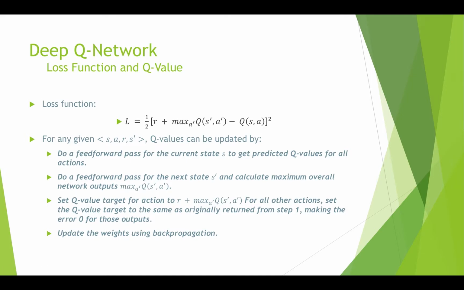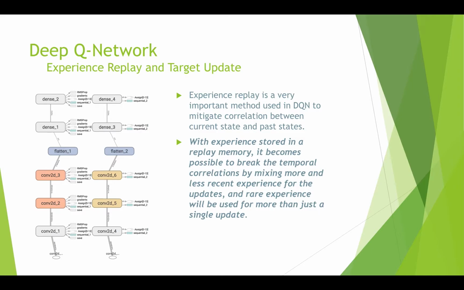There are some important tricks used in the Deep Q network to improve its performance. One of them is experience replay. Experience replay will store all past experience in a replay memory, and instead of training the Deep Q network using the experience of the last step, it will train the DQN using a small batch of experiences stored in the memory.